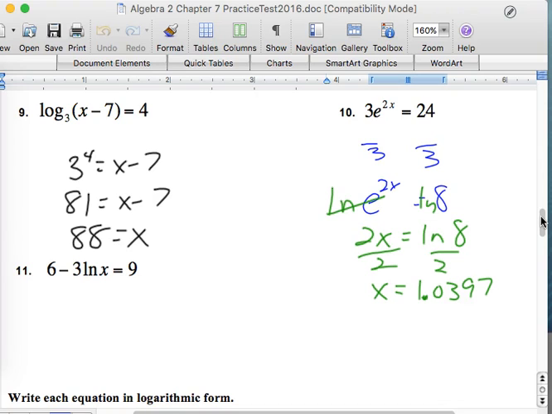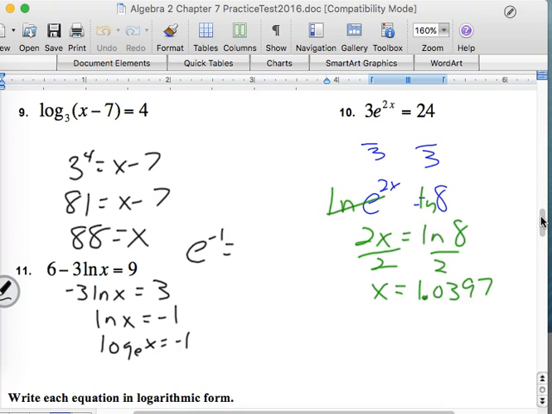All right, everybody, what's step 1? Subtract 6. Then what? Divide by negative 3. And then lots of people got stuck. Is that a logarithm or isn't it? You need to snail shell. But you need a base. What's your base? Natural logarithm is base e. So logarithm base e of x equals negative 1. Snail shell it. E to the negative 1 equals x.